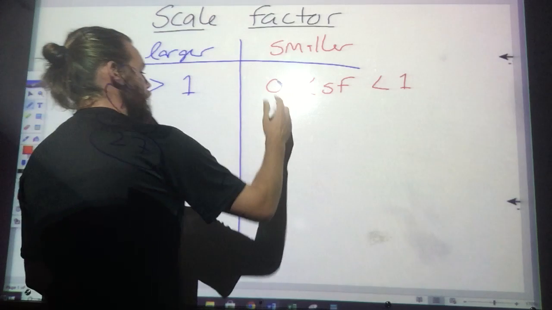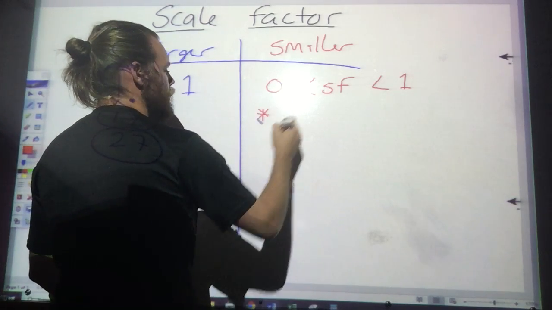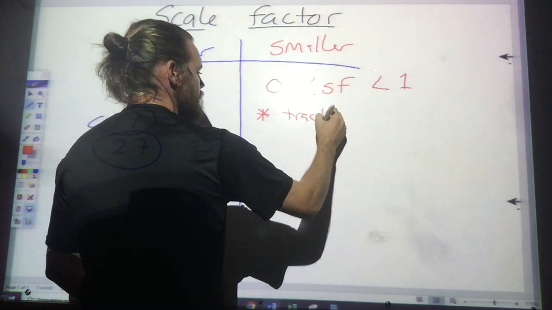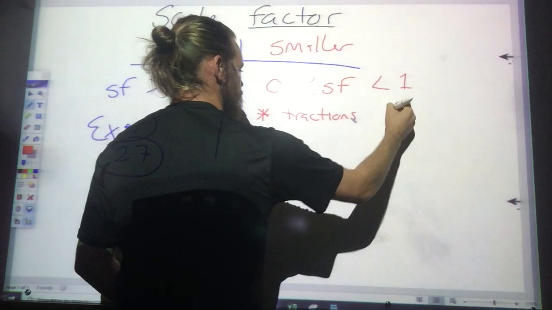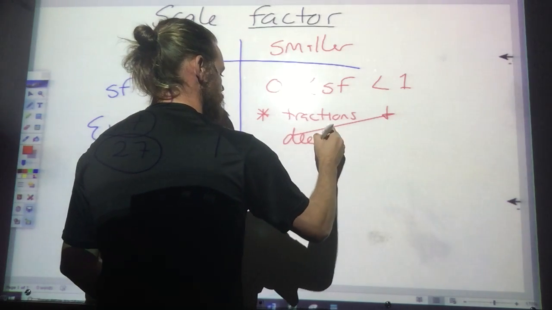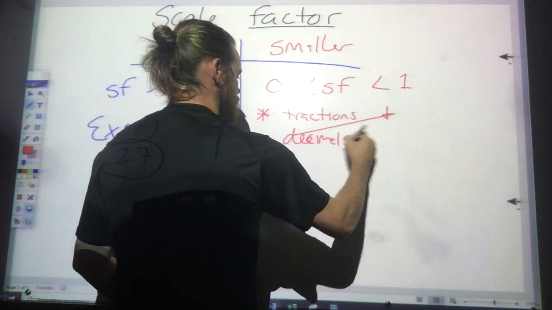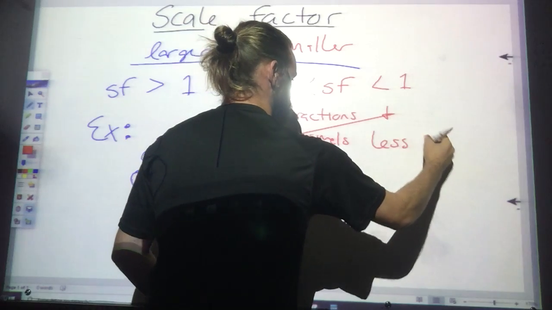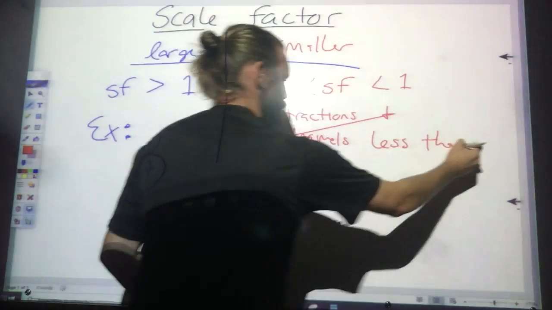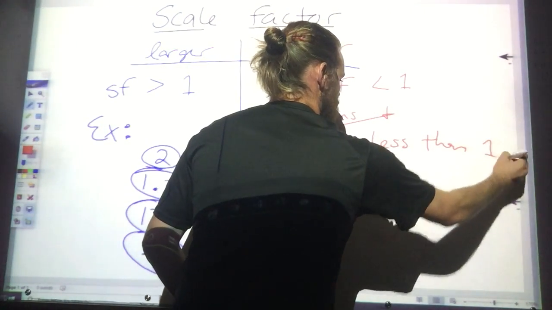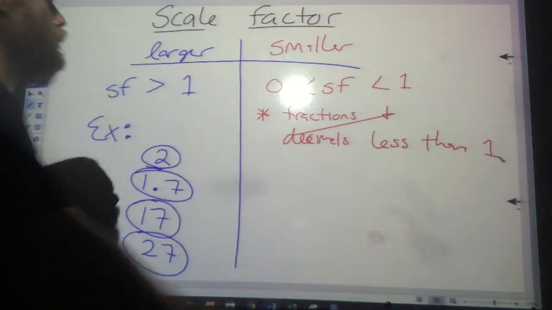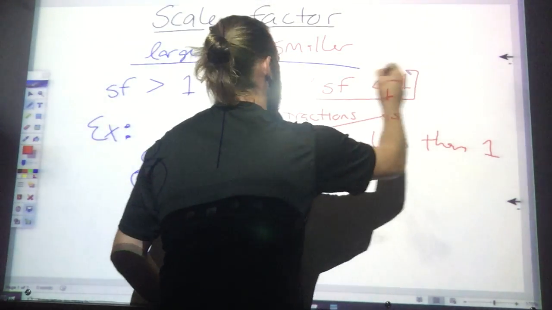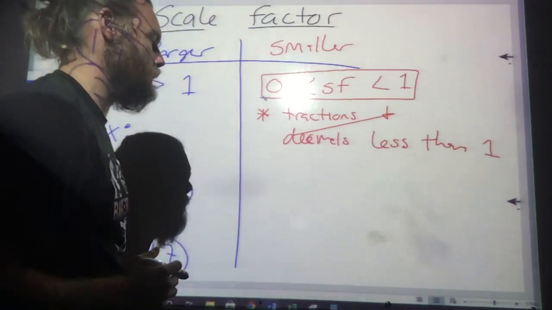Okay, so the values that lie between 0 and 1 are your fractions and decimals less than 1. Okay, so the numbers between 0 and 1, those will create a smaller image.